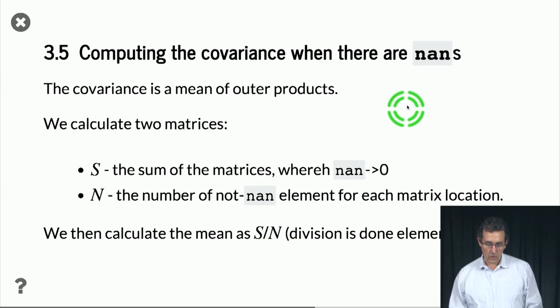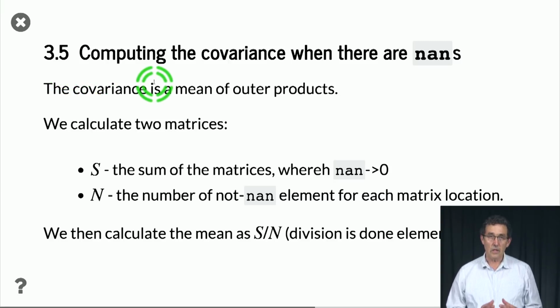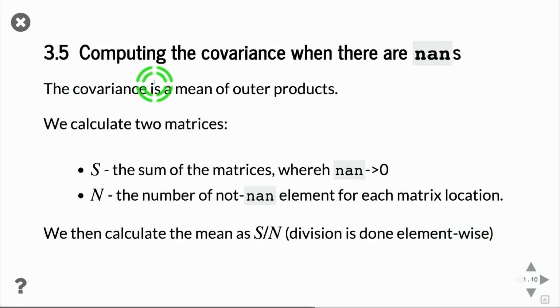Okay, so how do we use these nans when we want to compute the expected value of the outer product? Well, what we do is we calculate two sums. One sum would be the sum of the matrices, so sum element by element, where the nans are mapped to 0.